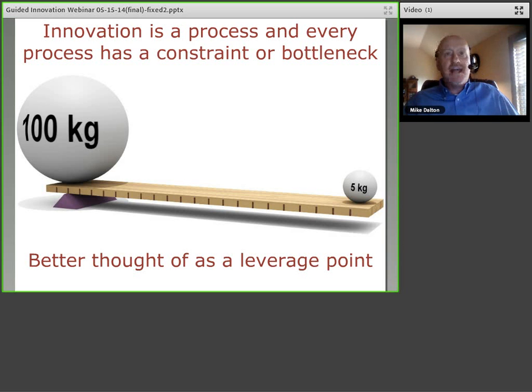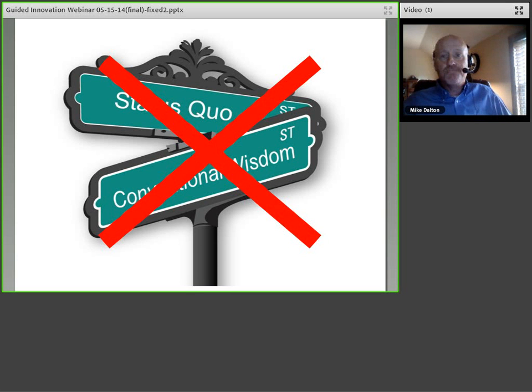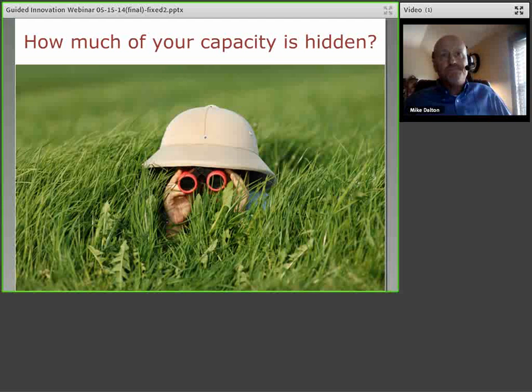So today I'm going to share several elements from the guided innovation system for debottlenecking your new product throughput. I'm also going to challenge some of the conventional wisdom that is obscuring some of your new product innovation capacity, and also creating an opportunity for you to unleash some hidden capacity.